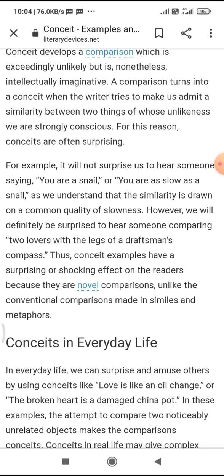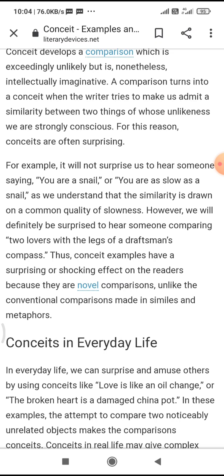The broken heart is a damaged china pot. China pot and heart: do you think there is any similarity? No. Heart is an organ and a china pot is made of china clay. There is no similarity, but the broken china pot has been compared with the broken heart.